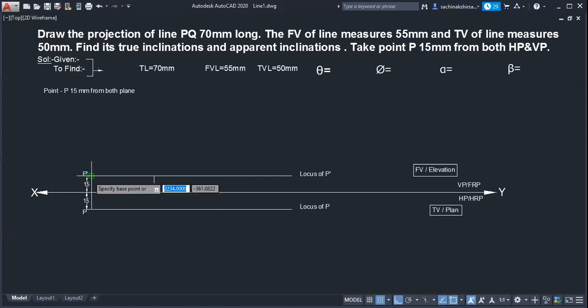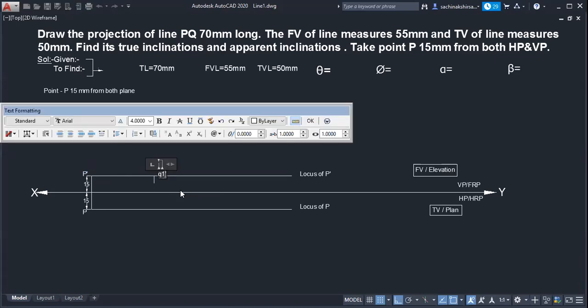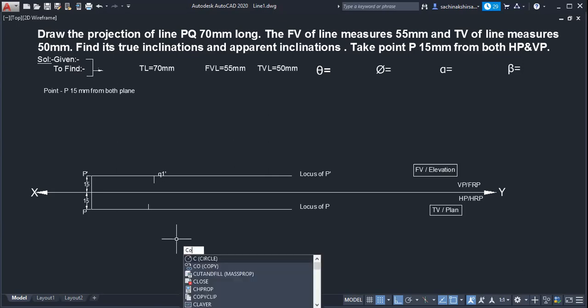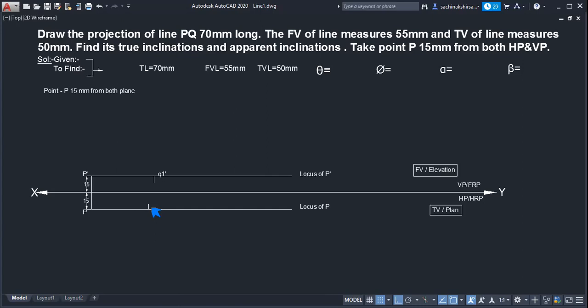Similarly, in top view, I will mark TVL equal to 50, and here I will give the point as Q2.